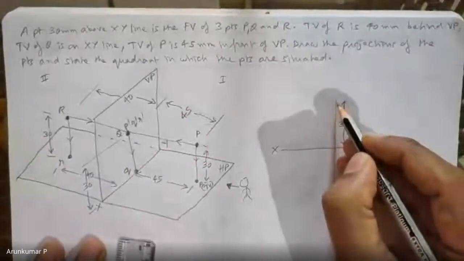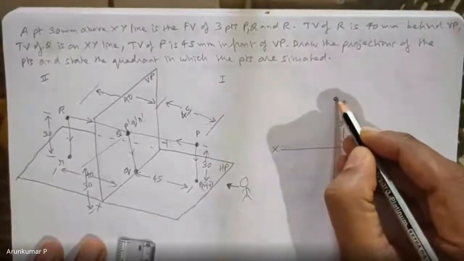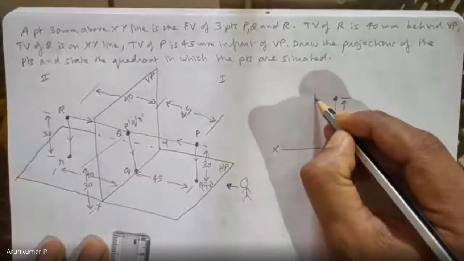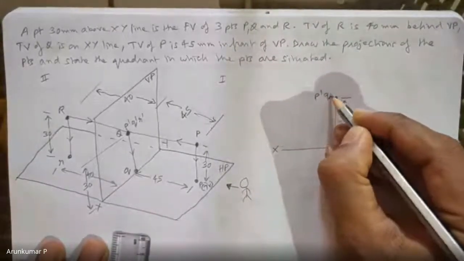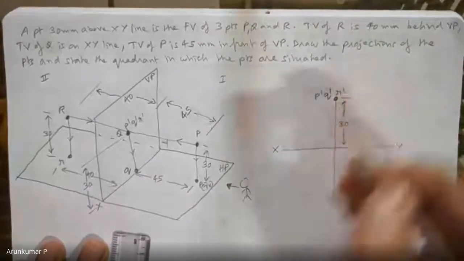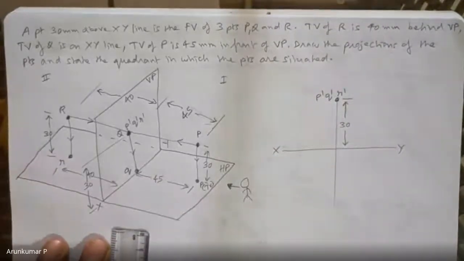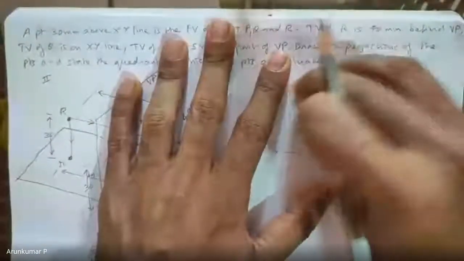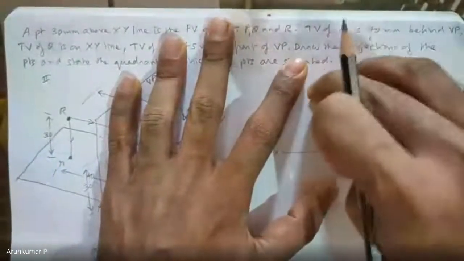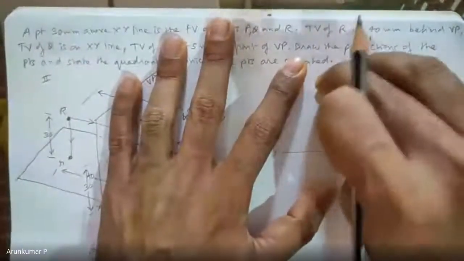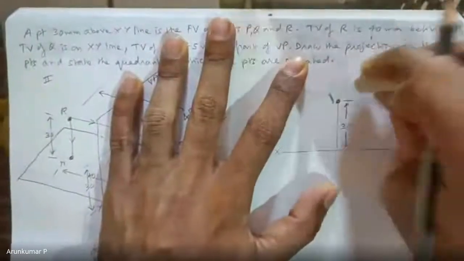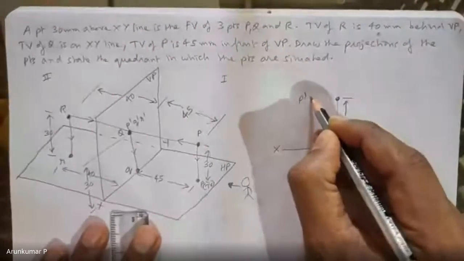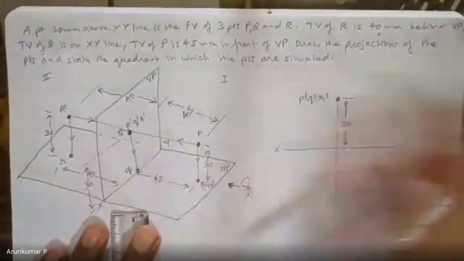So this is a point which is 30 mm above HP. This is P dash. This is also Q dash. This is also R dash. This is the front view of all the 3 points. It is very clearly given to you in the statement of the problem. So this is the first thing you are going to locate. I'll just draw it to the side. P dash, Q dash, R dash.